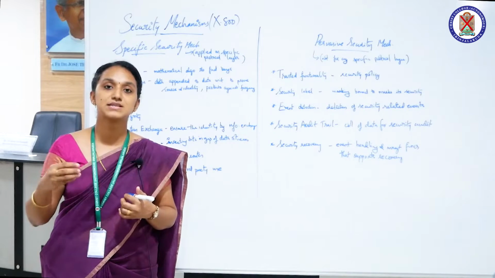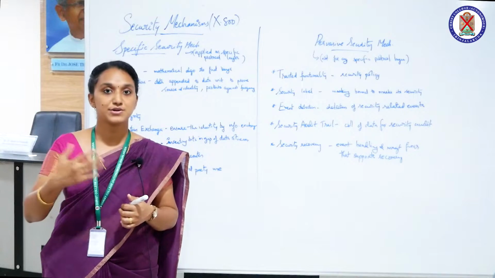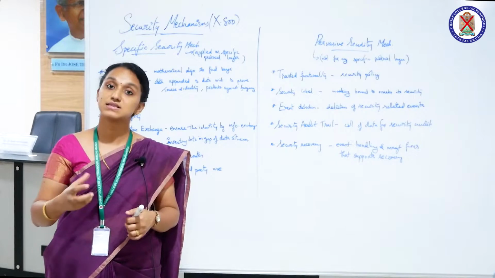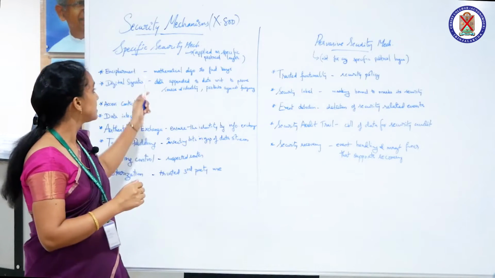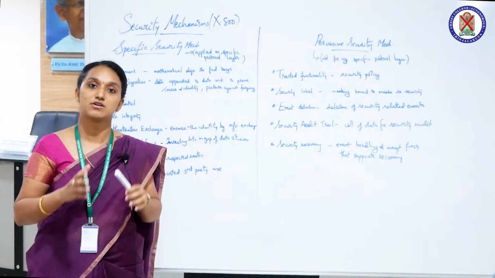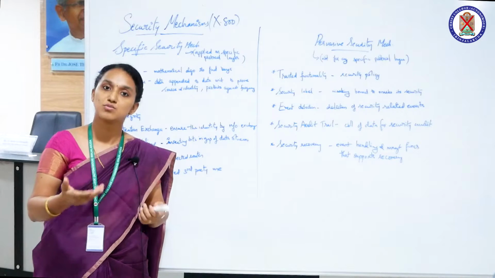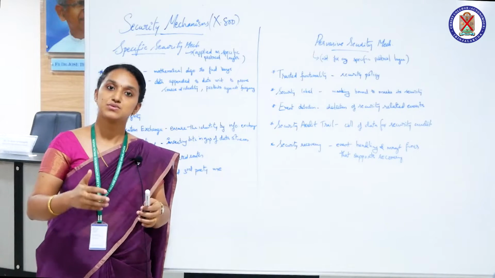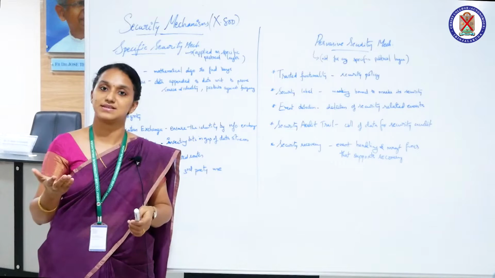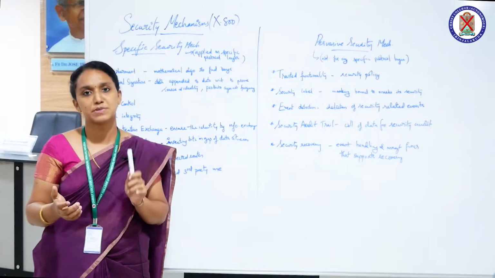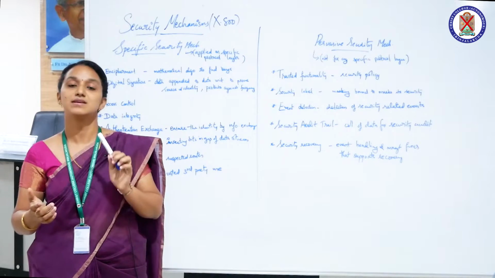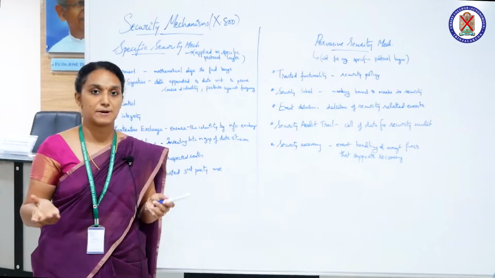So a decryption is needed at the destination end to recover the message. This is encipherment. It uses a mathematical algorithm with one or more secret keys to decrypt at the destination end. So the first specific mechanism is encipherment. That is the common one.